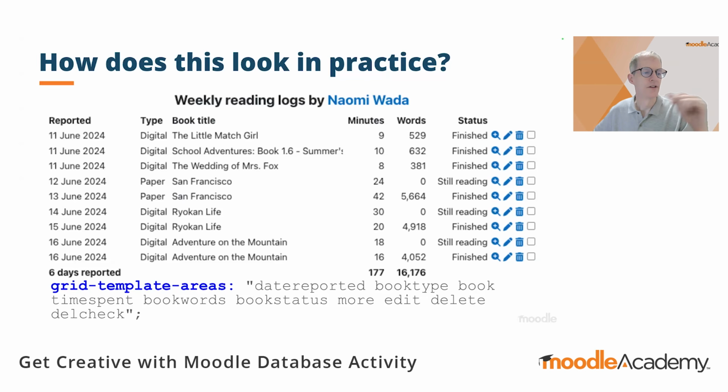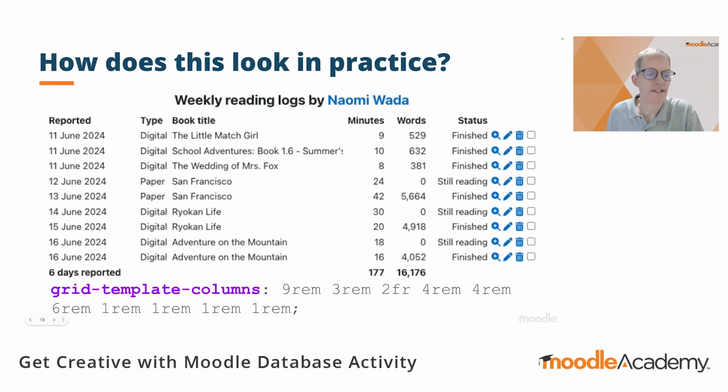The book type, digital. Then next is book, The Little Match Girl, and so on, going from left to right. Remember, I had a delete checkbox on the far right. That was the last field. You can see it over here, right? And you see the grid template areas are listed here down at the bottom.